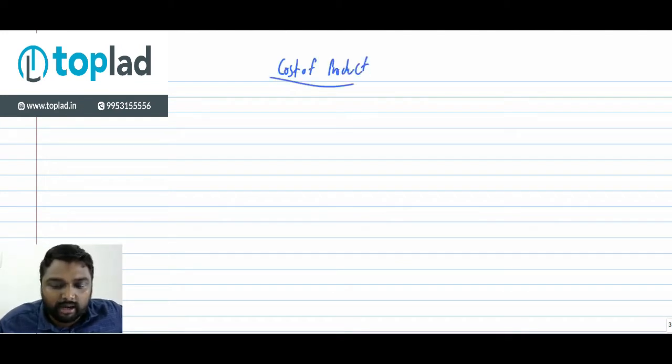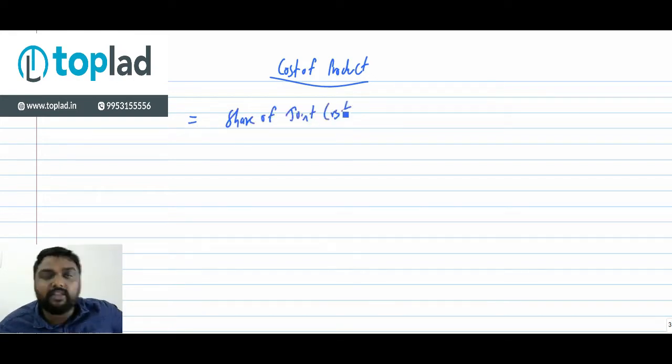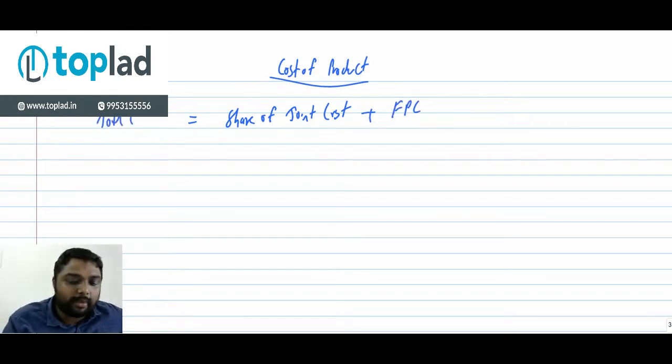So because of this discussion, we can classify the cost of a product produced under joint product basis into two. First, their share of joint cost, the amount they got from the commonly apportioned joint cost. Then the further process cost, otherwise called separable cost.